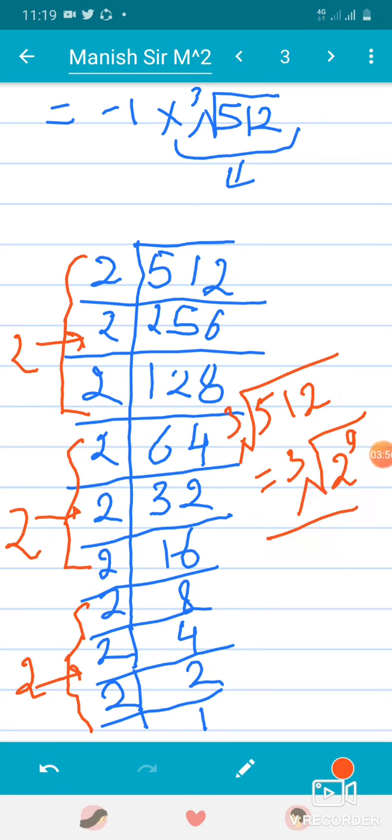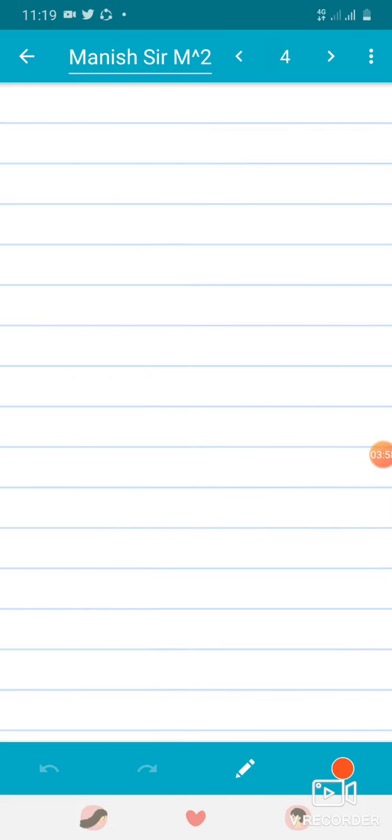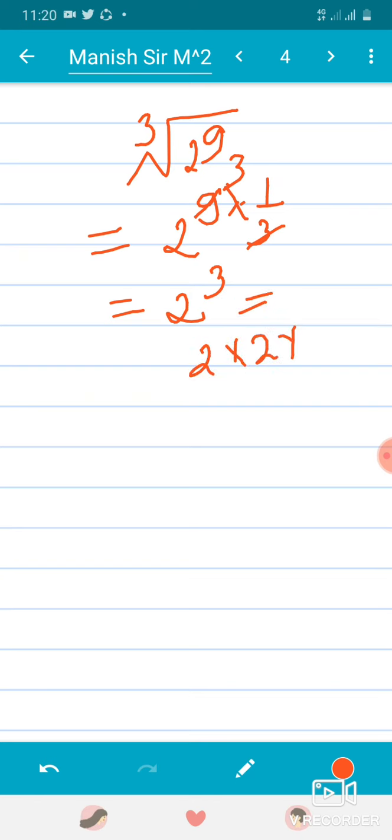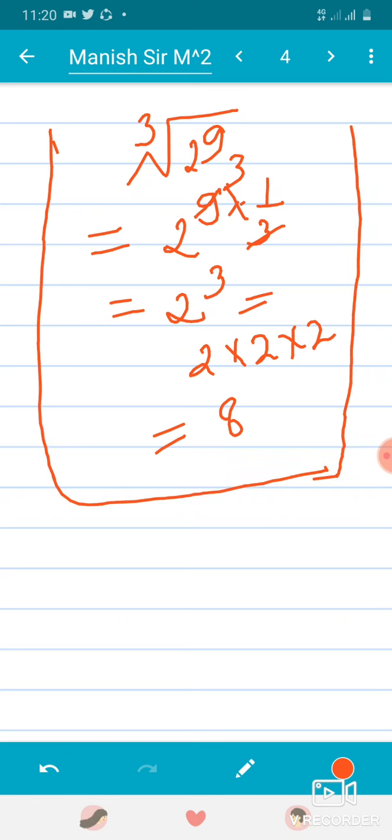In the power terms we can solve it as 2 to the power 9 by 3, 2 to the power 9 times 1 by 3, and 9 divided by 3 is 3. This answer is 2 to the power 3, which is equal to 2 into 2 into 2, or equal to 8. This is the way to find the cube root with the help of the power method.